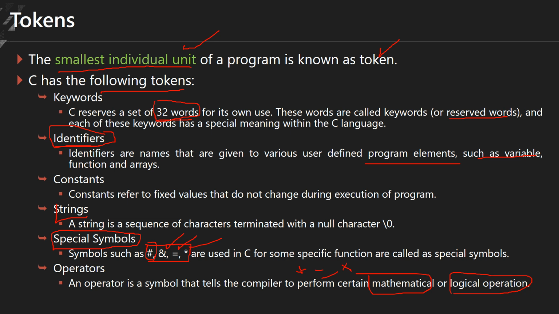I hope you understood this concept. What is a token, what are variables, what is a constant, along with strings, special symbols, operators, and the data types in C. If not, listen to it again and again.